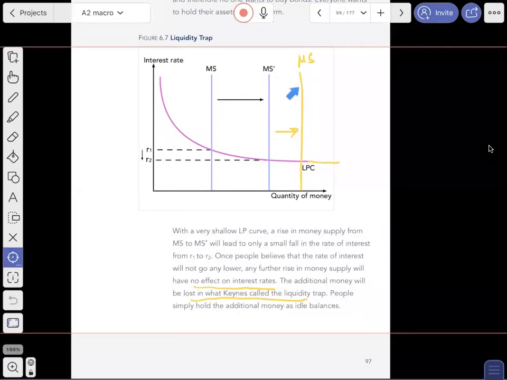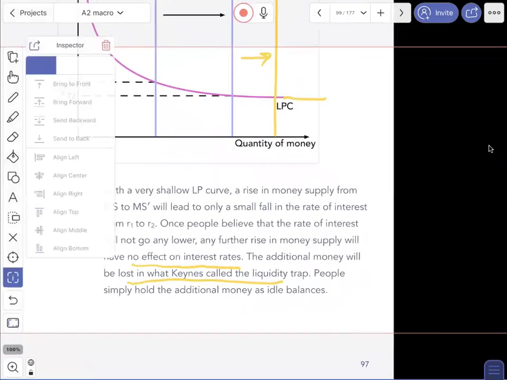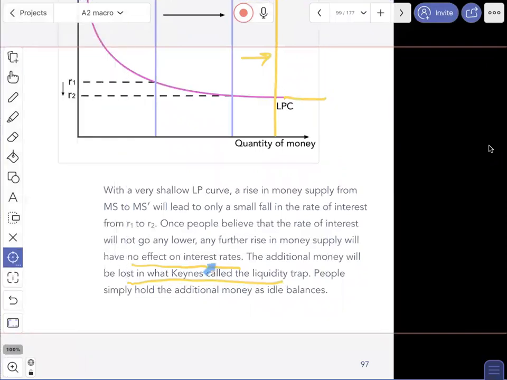They are holding these balances because they're saying there's no point of buying. You buy today, the price will fall tomorrow, and then you will lose out any gains. So for you, there is no point of buying because the prices are too high.